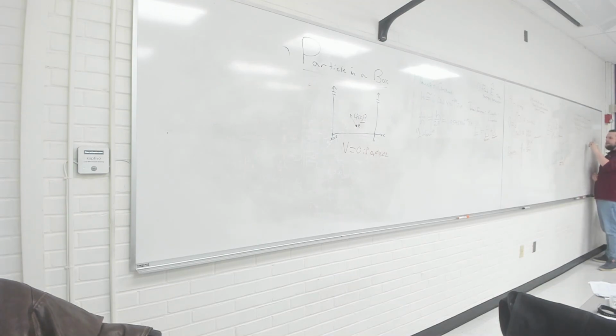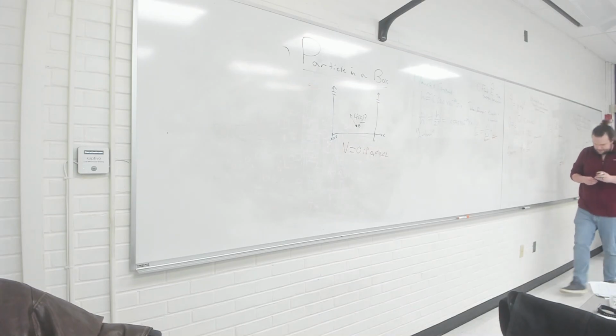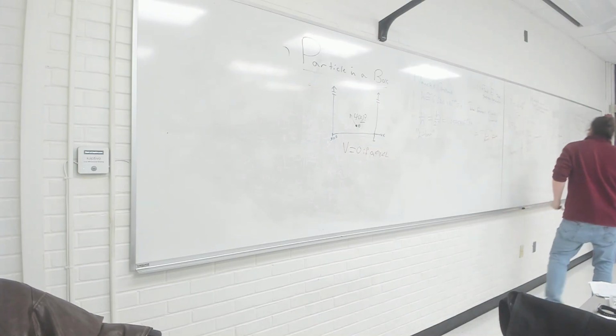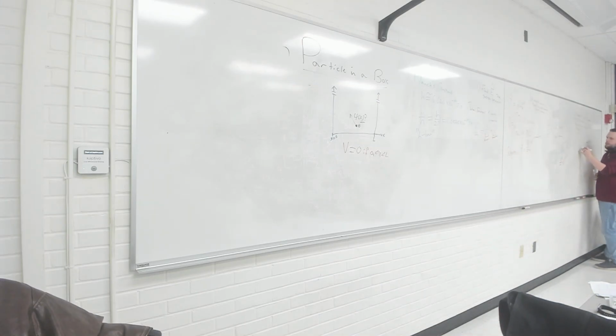So this might be psi of x at t equals 1, for instance, or something. Whatever, it doesn't matter. And then after a little while, it'll propagate like this. And you can keep going, right?